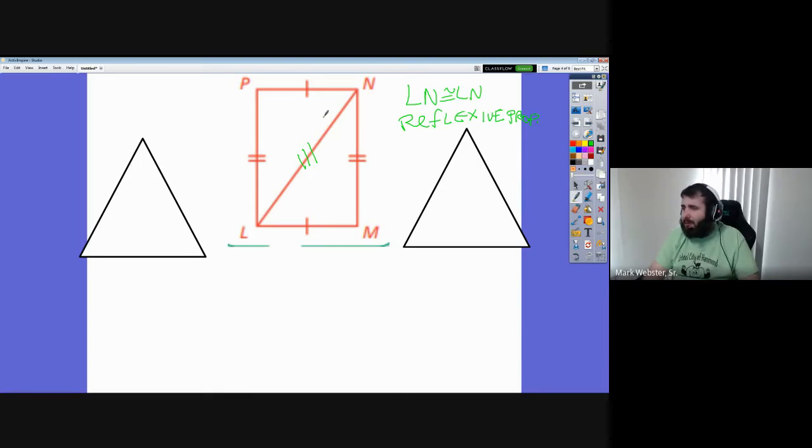A really common way to describe this overlapping side pair, right? Because both the triangle up here at the top and the triangle down here at the bottom share this side LN. And so a lot of my students refer to a side like this, side LN here, as a reflexive side pair.